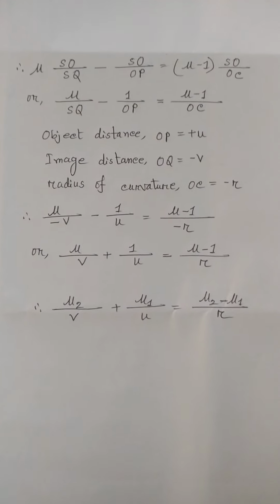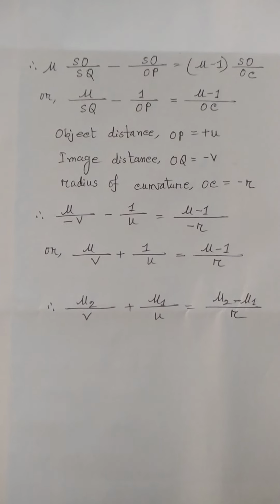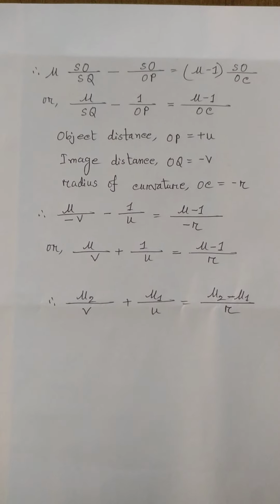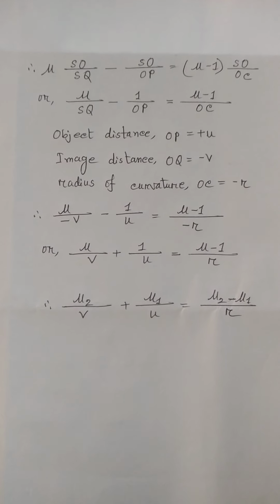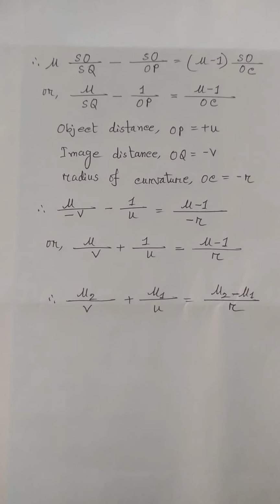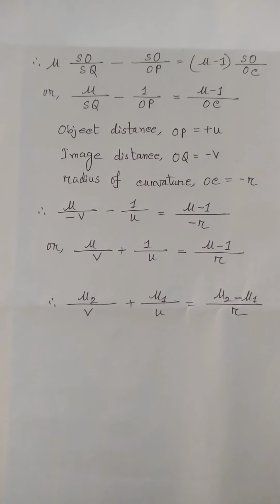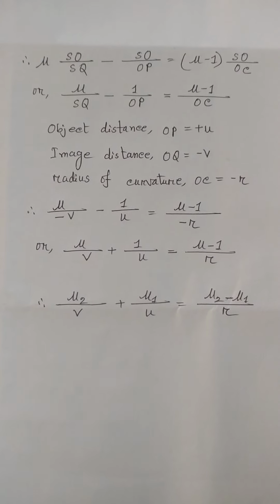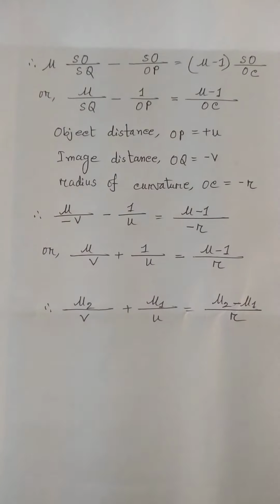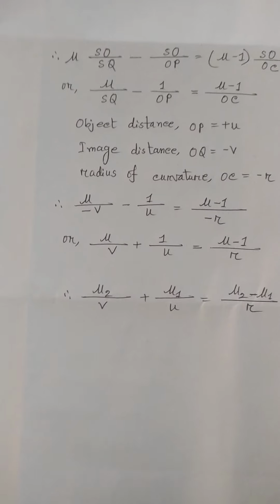Then we consider that all real distances from the pole of the spherical surface are positive and virtual distances are negative. The object distance OP equals plus U, the image distance OQ equals minus V, and the radius of curvature OC equals minus R. Putting these values in the equation, we get mu divided by minus V plus 1 by U equals mu minus 1 divided by minus R. Rewriting, we get mu by V plus 1 by U equals mu minus 1 divided by R. The same relation is found for a spherical convex lens.